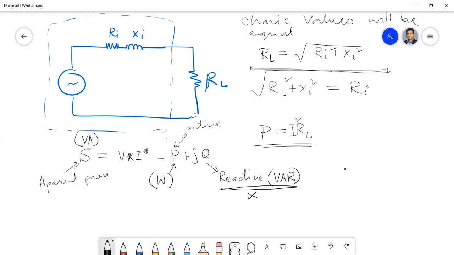Then the utility cannot control the voltage at your end. That means instead of 220 or 230 volt, you may get 160 volt. So there is a concern about voltage control.